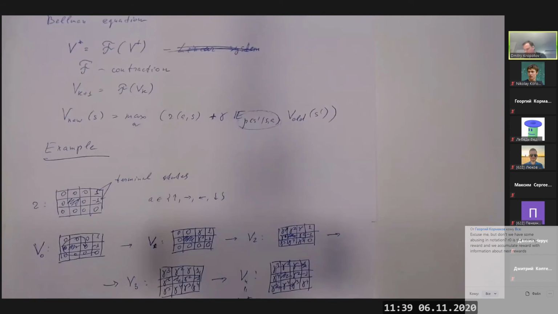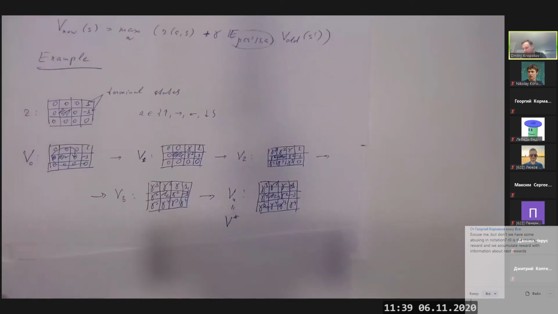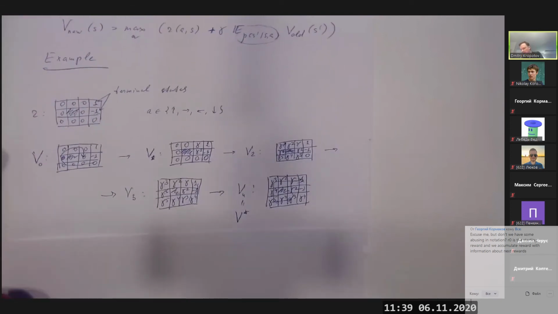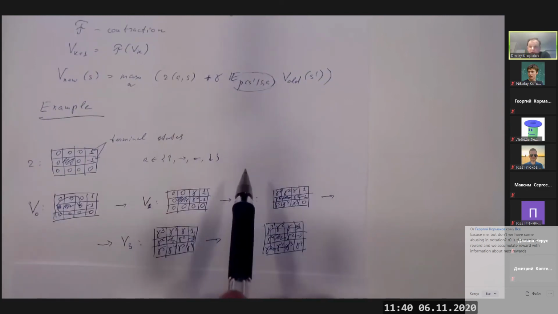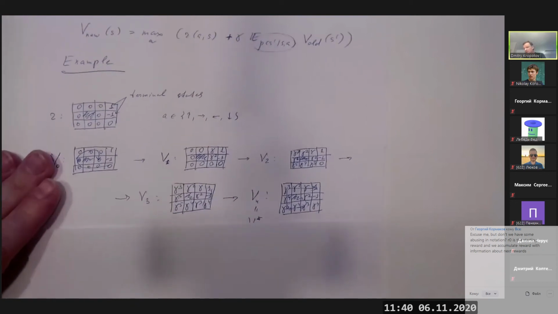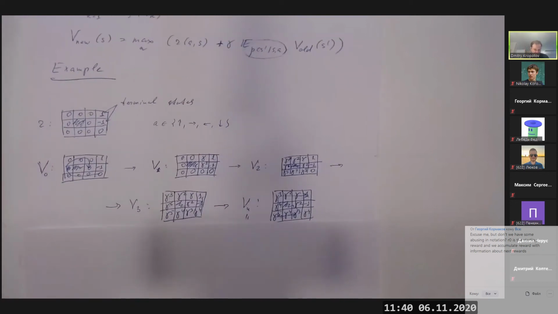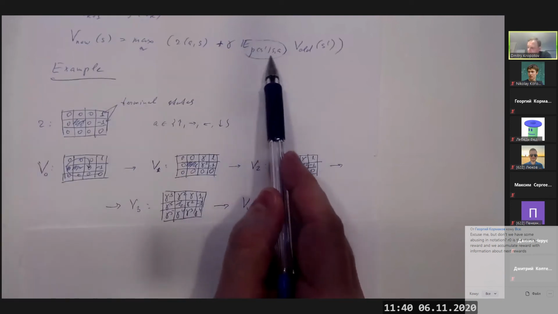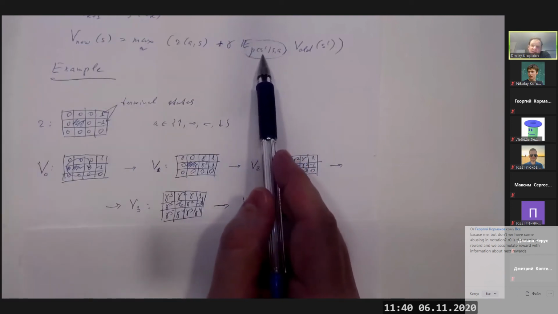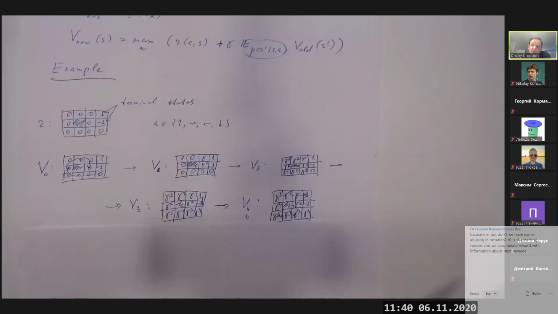And we now are going to discuss a couple of these algorithms that try to solve this or that restriction of value iteration. Let's first cope with the main restriction, that we do not have access to the transition probability in the real environment. So in real environments, we are able to do what is called a trial and error method.